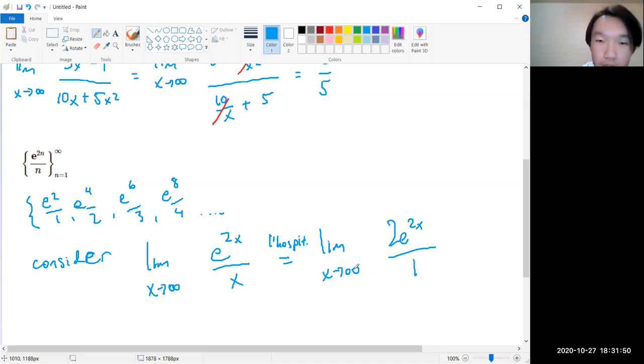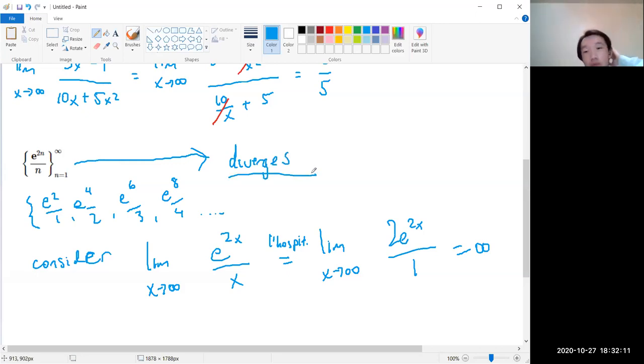Okay, now we can evaluate the limit of this function, which gives you infinity. So just like we predicted, the limit of the function goes to infinity, which means the limit of the sequence also goes to infinity. So this diverges. So you guys can see that the index doesn't really play a role in how we find a convergence and a divergence.